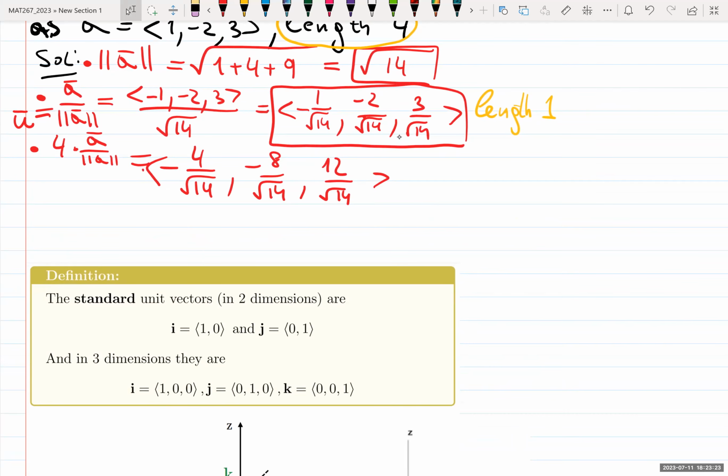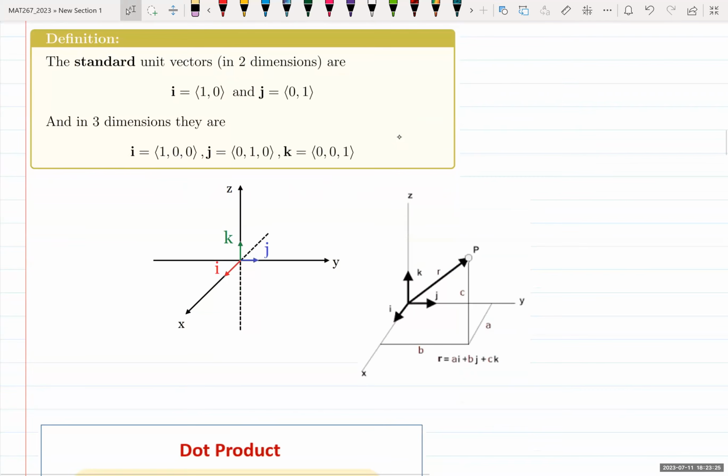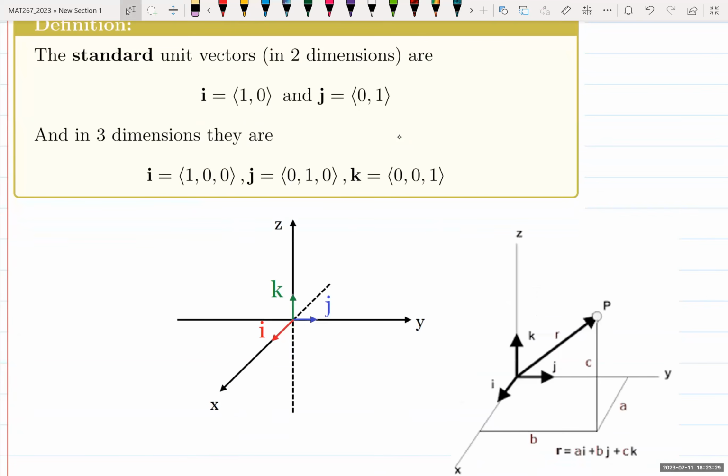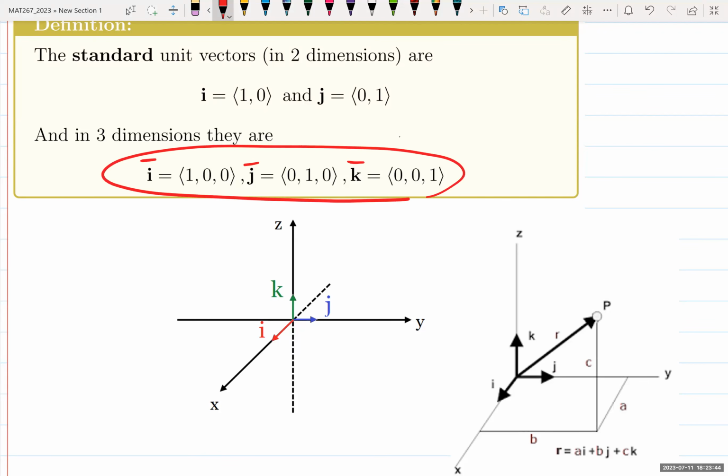From here, we also introduced you to 3 amazing standard unit vectors. They're super famous. The whole world is learning them. It's kind of phenomenal to think that you're learning this, students in Japan are learning this, Croatia, and I always like to say even in Canada, they all learn these 3 vectors, i, j, k: 1, 0, 0; 0, 1, 0; 0, 0, 1.